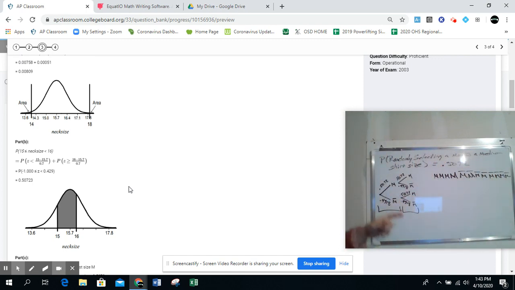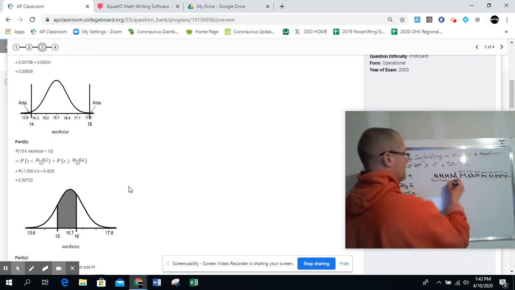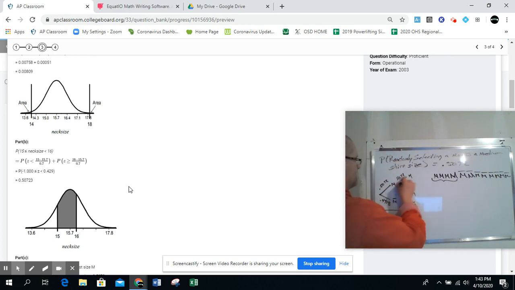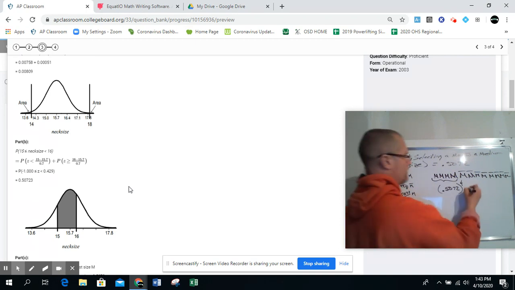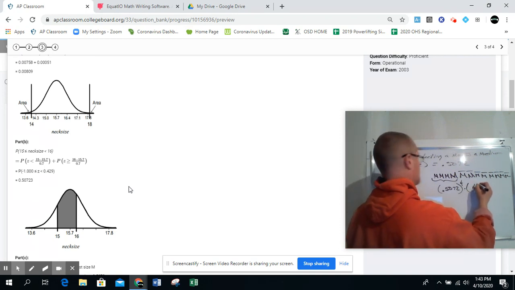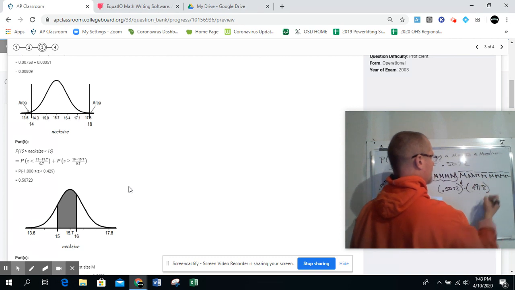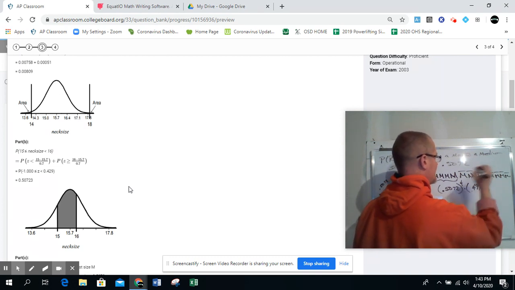So we know the path is going to look like that. Every time we take a medium path, we multiply on another 0.5072. So this is 0.5072 to the fourth. And every time we take a not medium path, we multiply on a 0.4918, and that's going to happen 8 times.